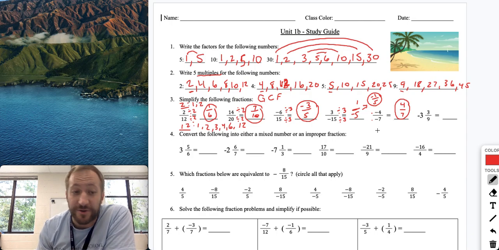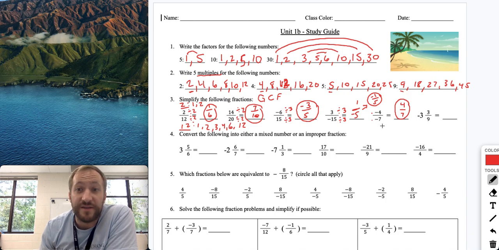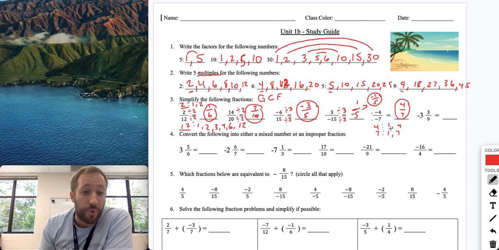If you want to get really technical about it, whenever I have negative numbers, I could think about the factors of those numbers, 4 and 7. Now, if there were no negatives involved, the only factors here would be 1 and 4 and 1 and 7. If the greatest common factor is 1, I can't simplify, and I'm not going to simplify. Technically speaking, the factors of negative 4 and negative 7 would be these right here.